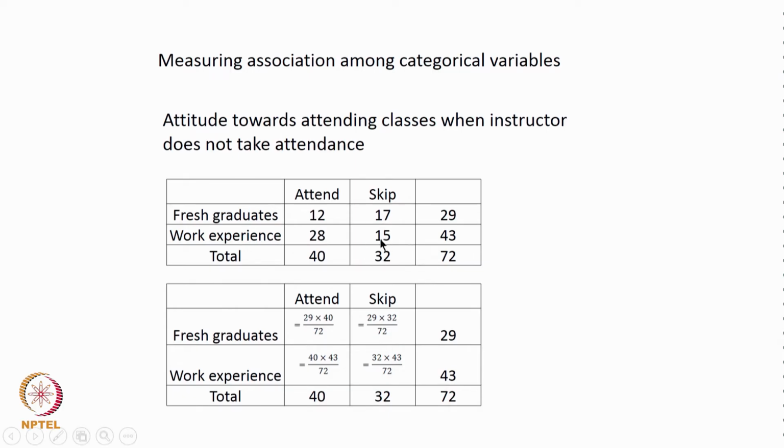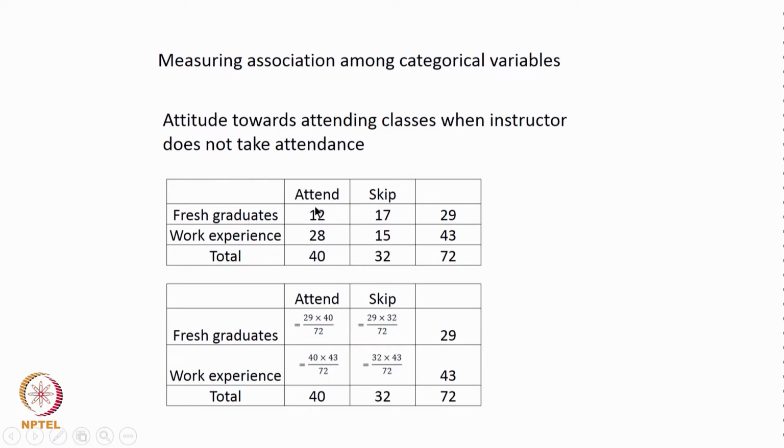Now, what we try to do is, from this data, just for the sake of computation, we leave out these 4 numbers, and then let us say we have total of 29 fresh graduates and 43 students with work experience with 72 students, and let us say we also know this number that 40 attend classes and 32 skip classes. Now, what we try to do is to create these proportions again.